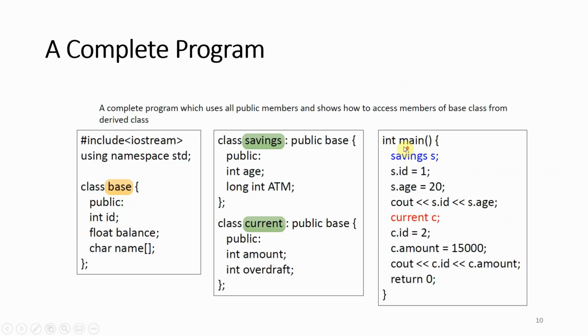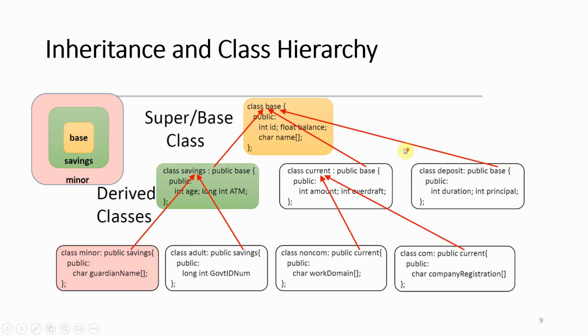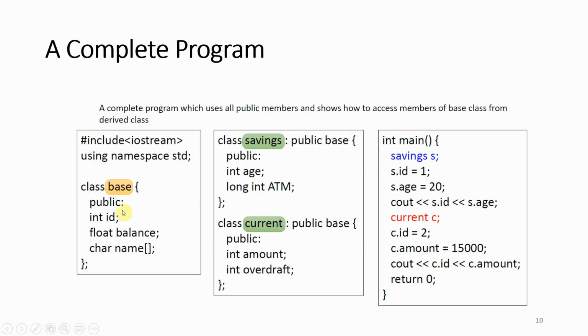So it means that, let me go back to this example. If this was private, ID, balance, and name would be private member variables of class base, right? They're only accessible by class base. So if you want to have access to ID of S, S already has an ID, but this ID is inherited from class base. If this was private, S could not access it.